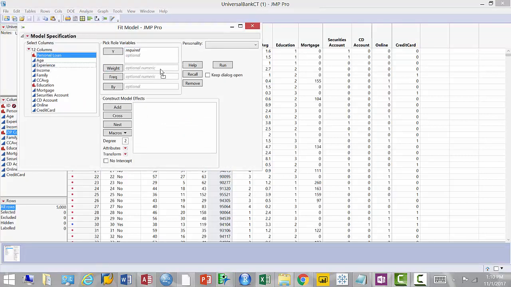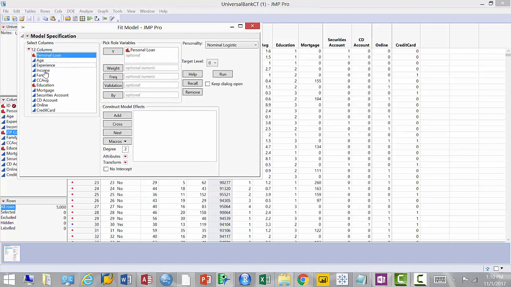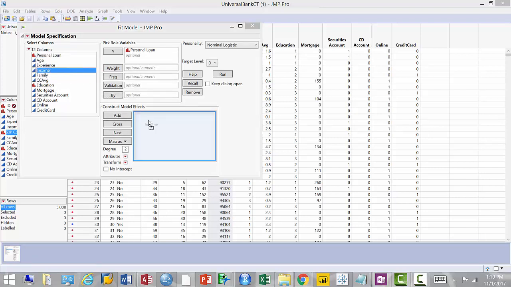Personal loan is my target, 0, 1, and income is the predictor, so the model effect. Also, I have to specify for JMP which level I'm really targeting. Personal loan has two levels, 0 turned down the loan and 1 accepted the loan. As a bank I want to predict who will likely accept the loan, so naturally my target level is 1.